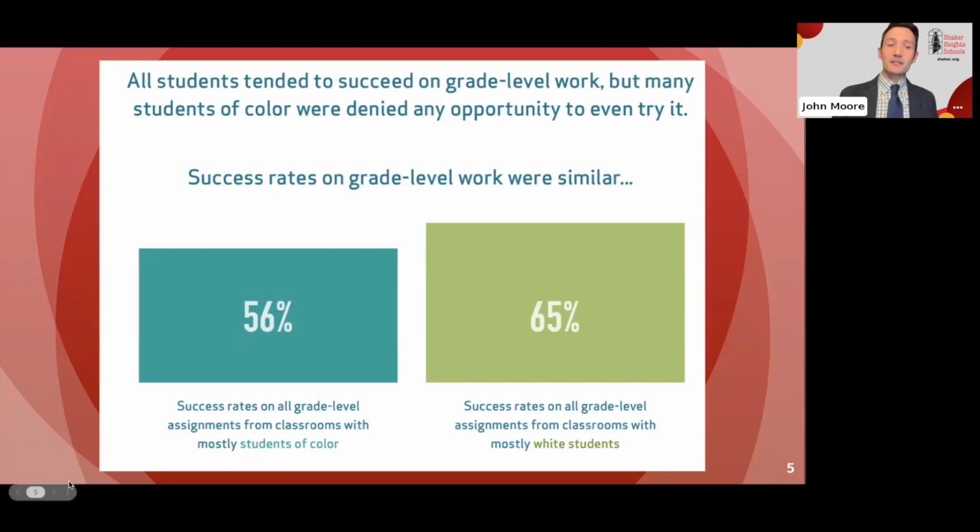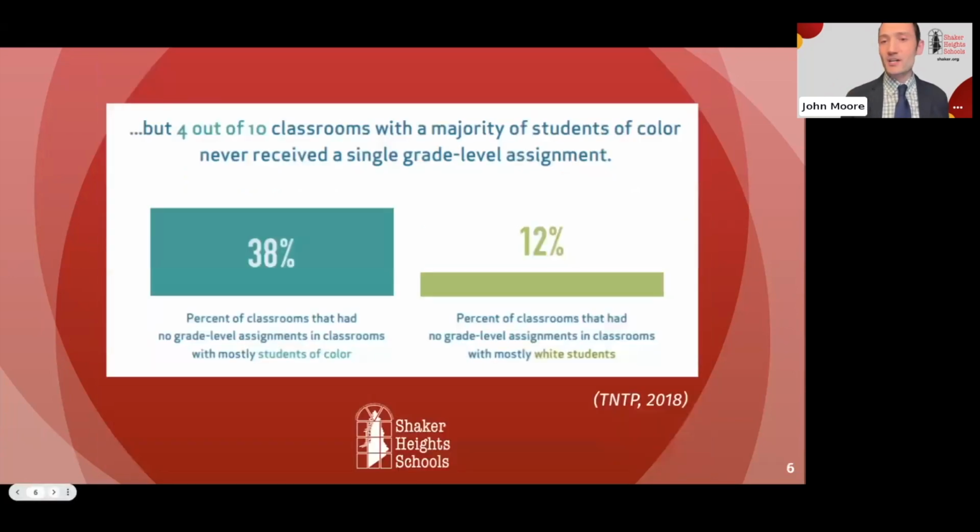That parity disappears when you actually look at who is getting grade level work. And this to me really speaks to why detracking was so important for us. In classes with mostly students of color, what the New Teacher Project found was that nearly 40% of students never received a single grade level assignment.